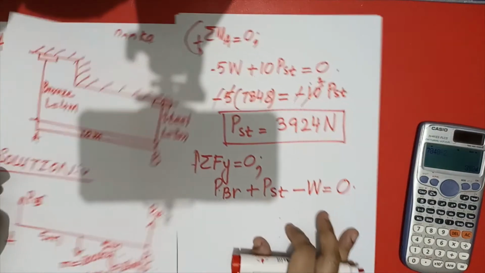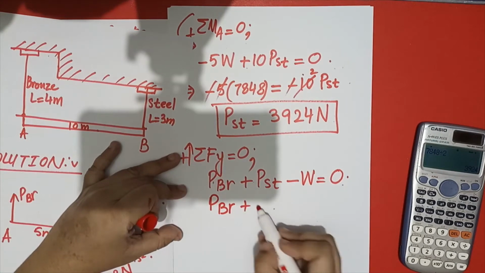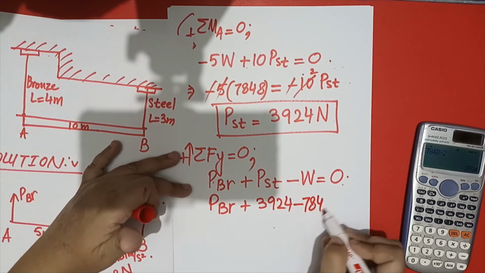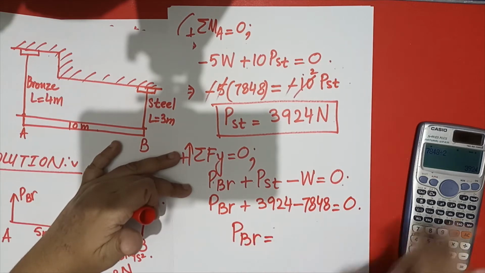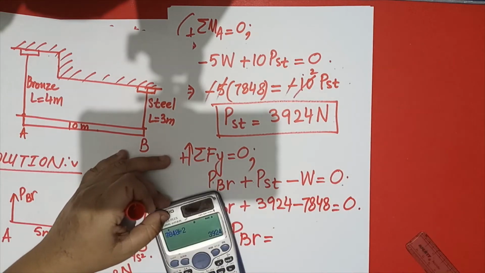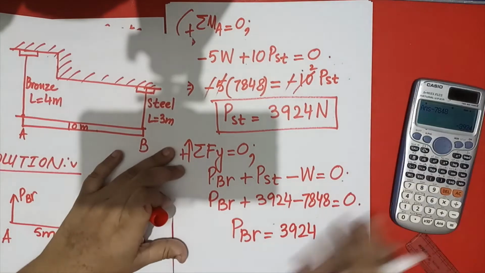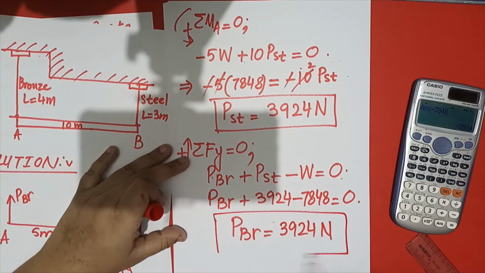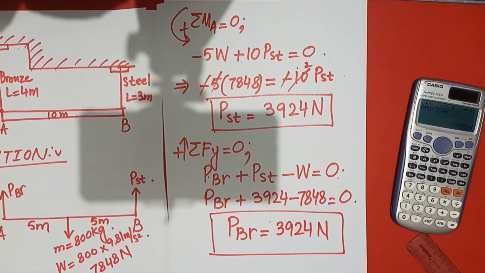So P_BR plus 3924 minus 7848 equals 0, so P_BR comes out to be 3924 Newton. The weight is acting exactly at the center, so both are at equal distances, and both forces are equal. So you can see we have calculated P_ST and P_BR.